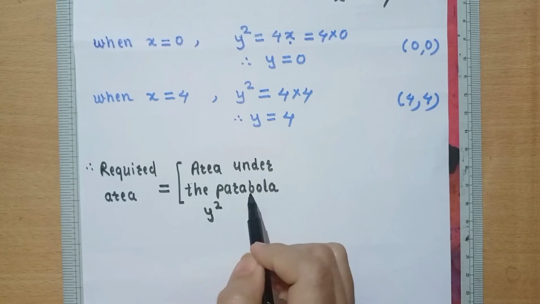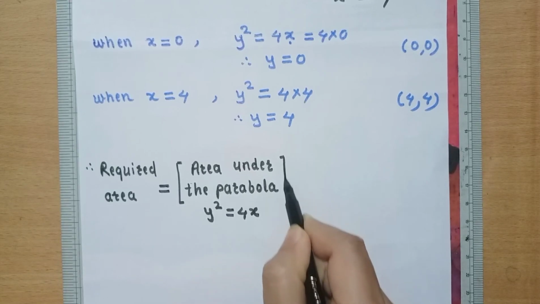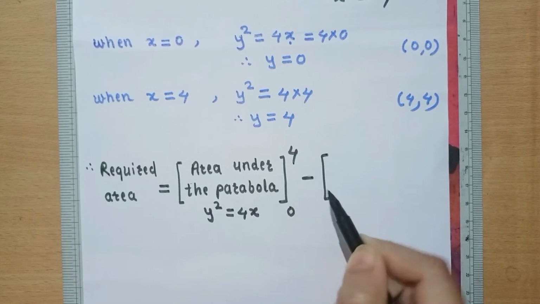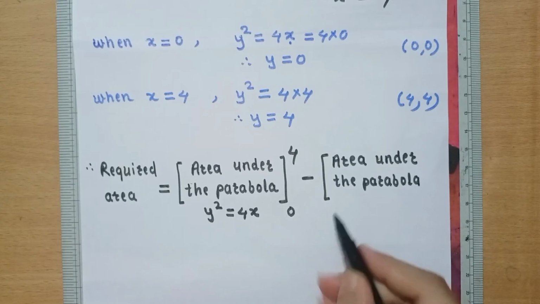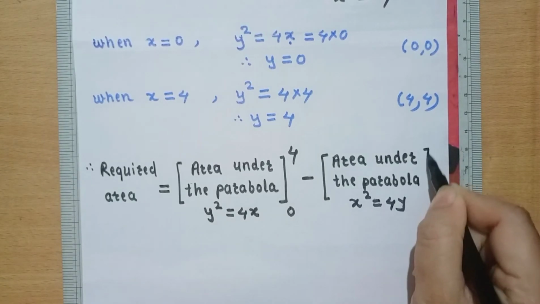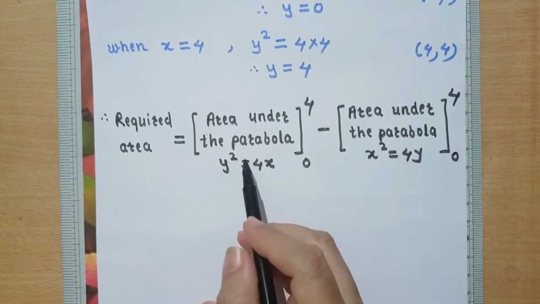That is, the area under the parabola y square equal to 4x from limits 0 to 4, minus the area under the parabola x square is equal to 4y, and again limits are from 0 to 4. So we can find this area.